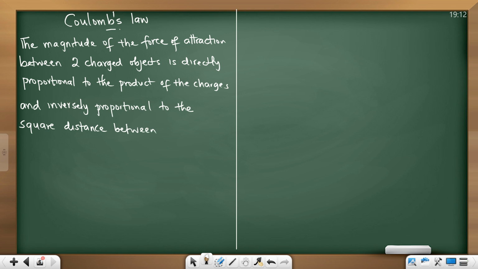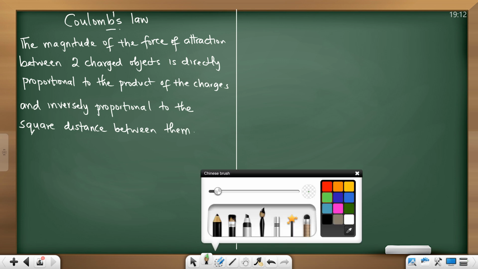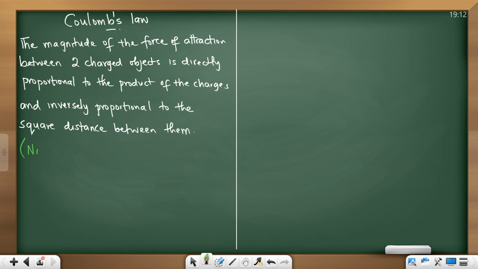I'm going to write a common mistake that we usually make: between them, and here is the caution, not their centers, please. Why? Charges are so small in size that to measure from the center makes no difference.